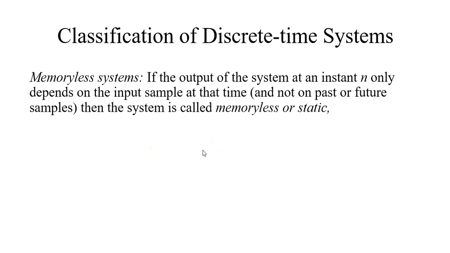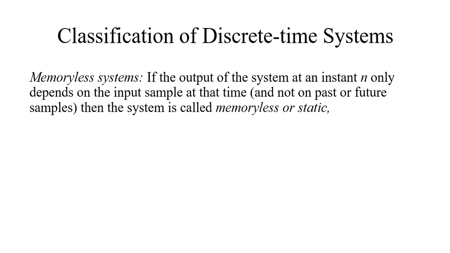Now, classification of discrete time systems. There are different classifications of discrete time systems, but the main classification is memoryless systems. In this case, if the output of the system at an instant n only depends on the input sample at that time and not on past or future samples, then the system is called memoryless or static, which means it doesn't depend on previous values, and there is no need for a memory to store previous data.